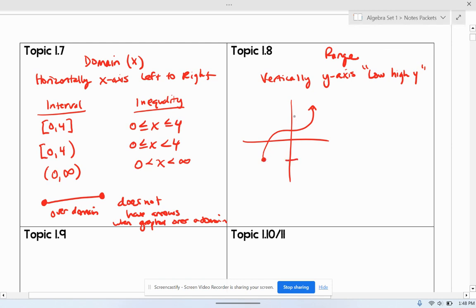The range would span from here and go all the way up to infinity. Okay? And you would also write the range the exact same way you would write a domain. You can use interval notation, inequality notation, or if you're a little shaky on the topic, you can always just write the word to.